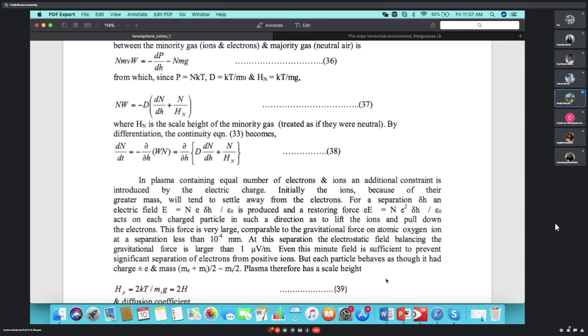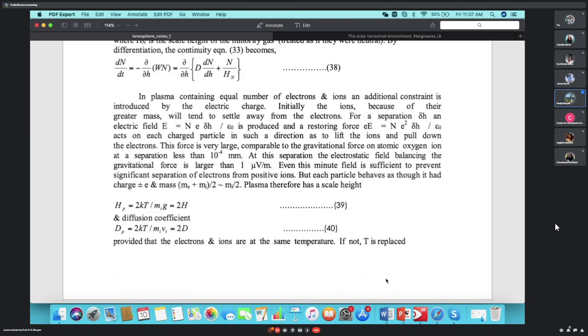So what happens to your scale height? Scale height is kT by mg, but in this case we replace this m by mi by 2, because there are two species. Because this is (me plus mi) divided by 2, the average of the mass of the electron and the mass of the ion.